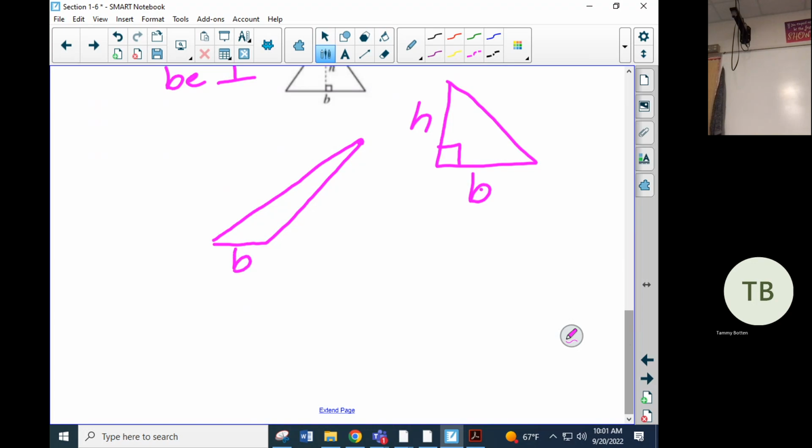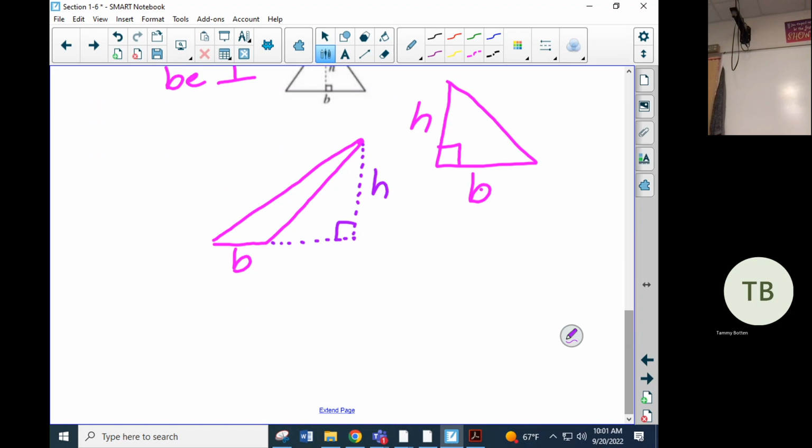For you to be able to find the area of that, you need to know the perpendicular height. So what they would do is they would put the perpendicular height somewhere there. And this would be the height that you have to use.